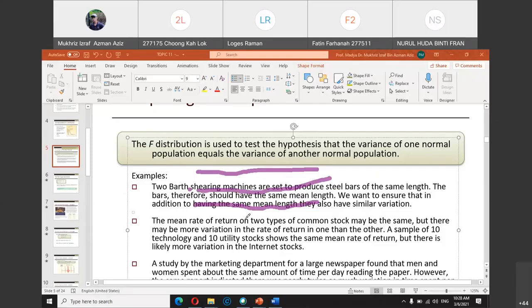Because when it comes to a factory, whenever you produce products, it is common that from one item to another there could be some slight variation in terms of quality, maybe in terms of length. So let's say if you buy any processed product, for example, one packet of Milo, in that packet you will see it states the net weight.